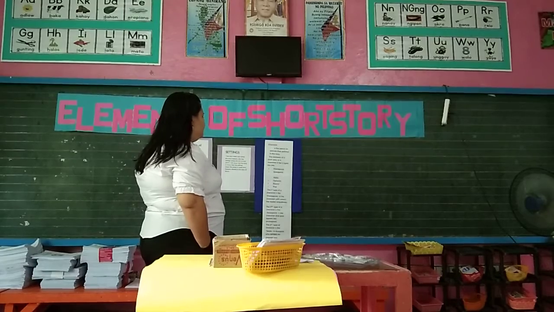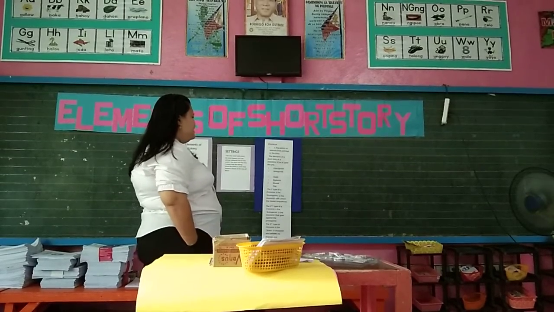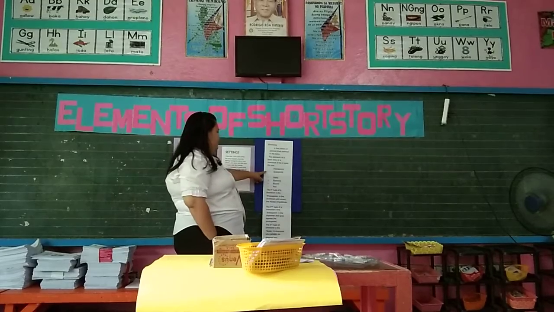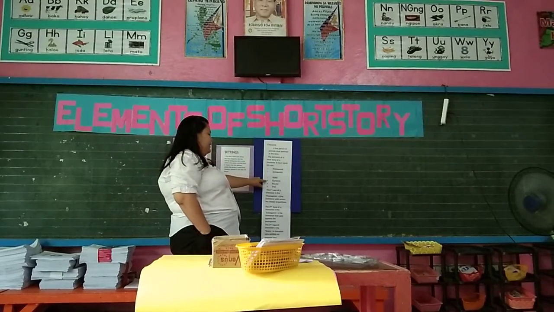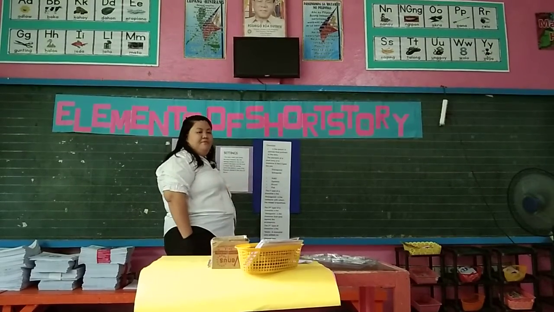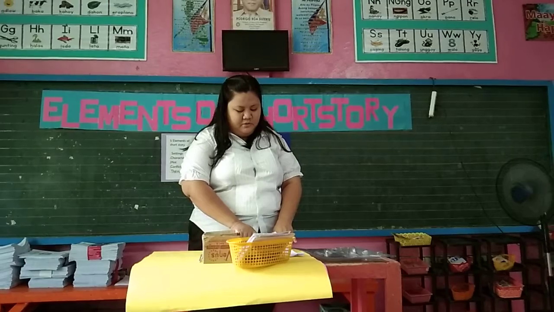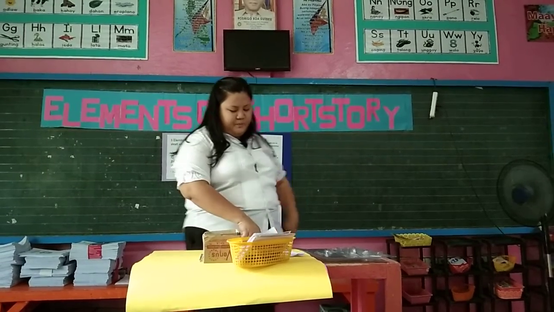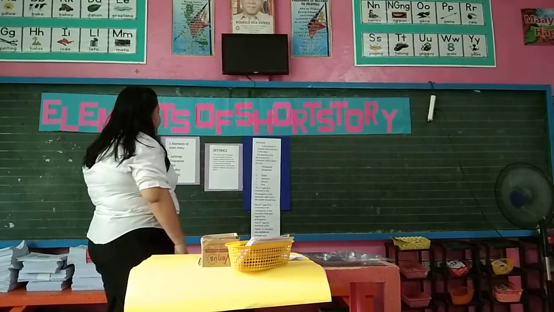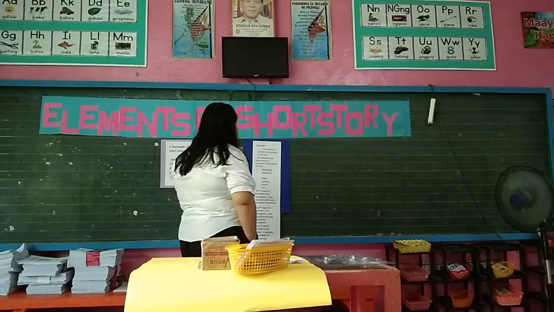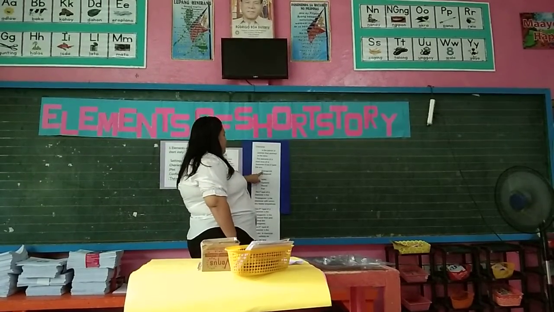The elements of short story of any character, it has 6 types. They are protagonist, antagonist, static, dynamic, round, and flat. So, the 6 types of character, first is protagonist.